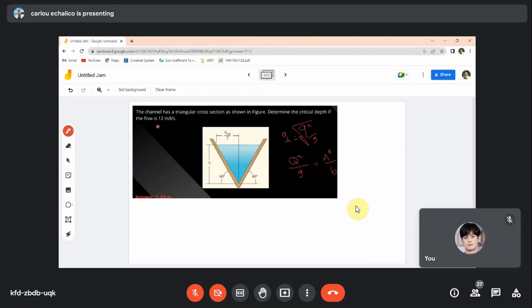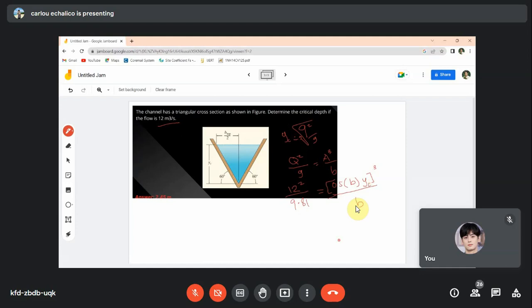The given here is the discharge, 12 squared over gravity, 9.81. Then our area is just 1/2 base times height, so 0.5 B times YC. Remember that the cubed term is our area over the base.